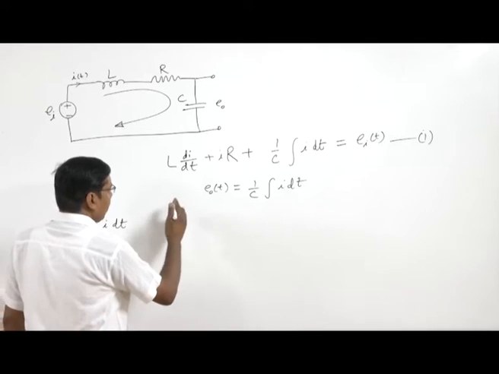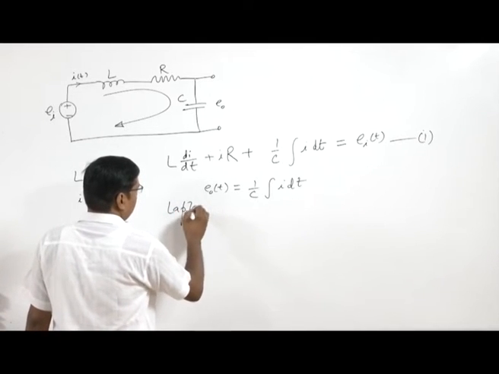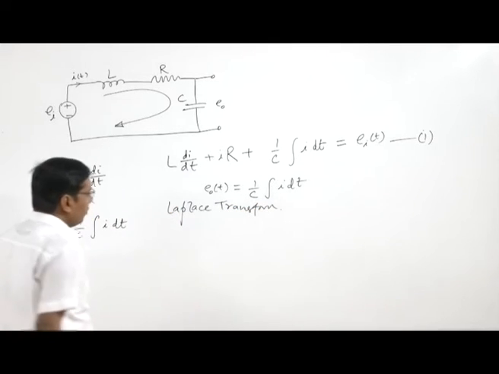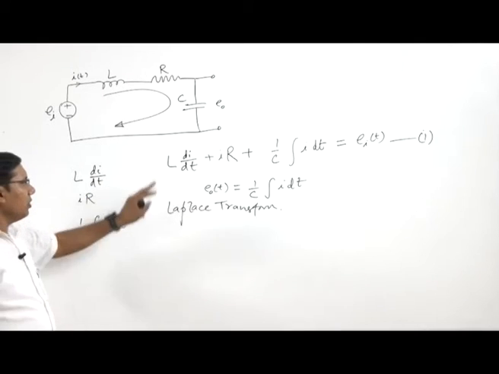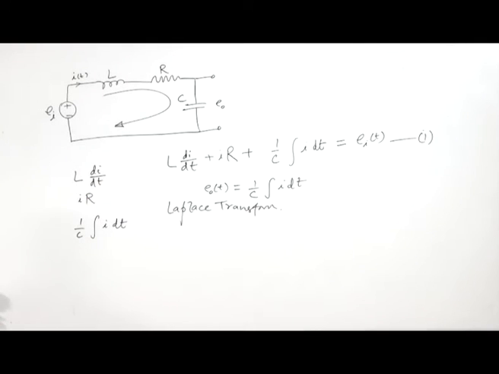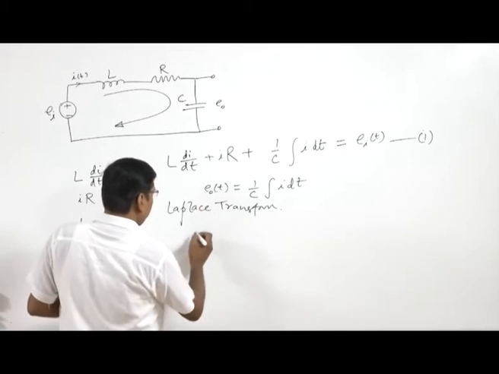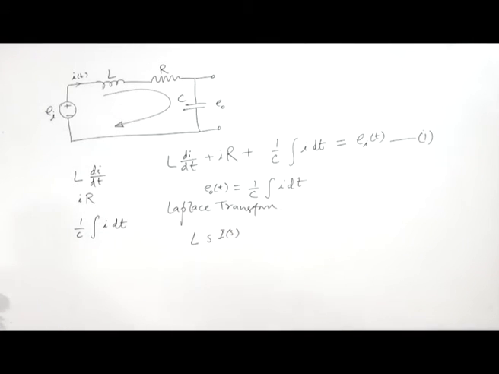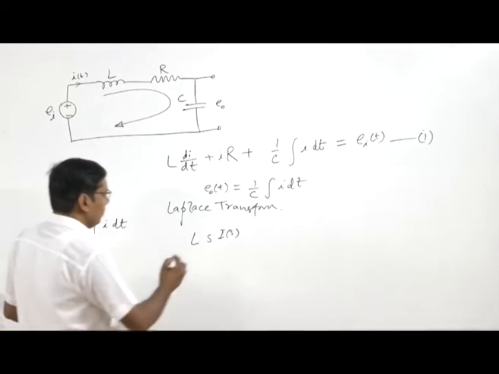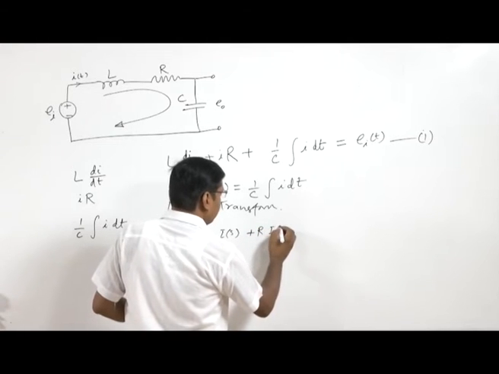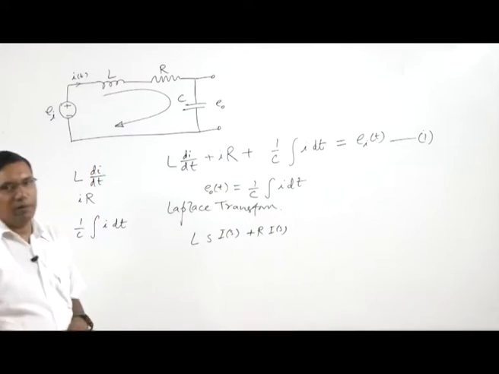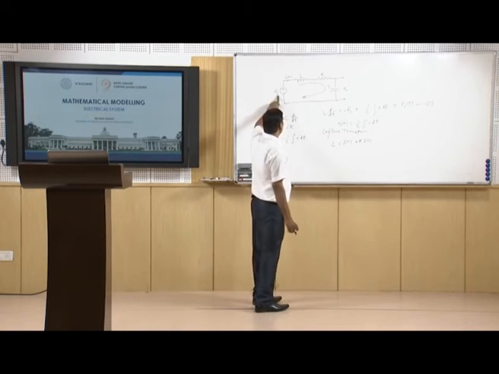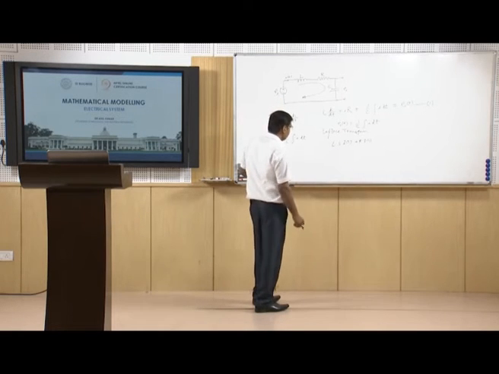For this we take the Laplace transform of equation number 1. So we will get L s I(s) plus R I(s). Here I is a function of time, because this current changes with time when the voltage changes with time.